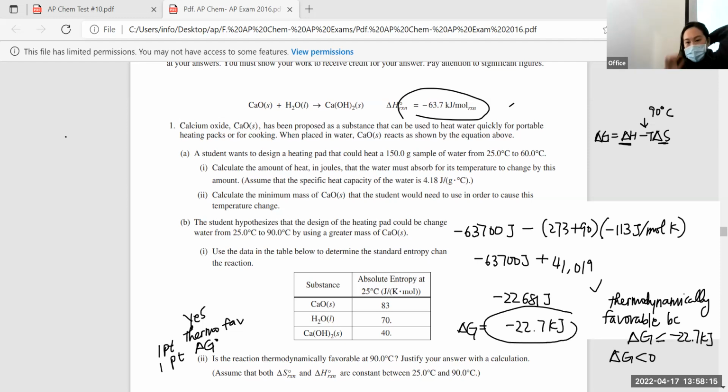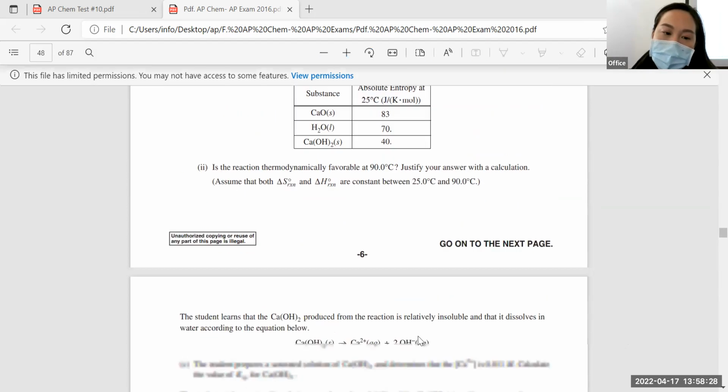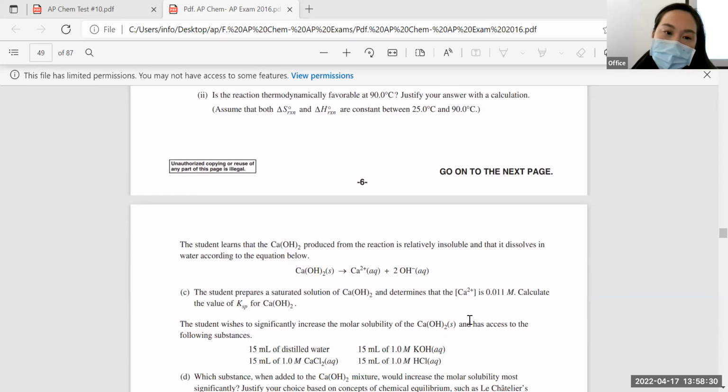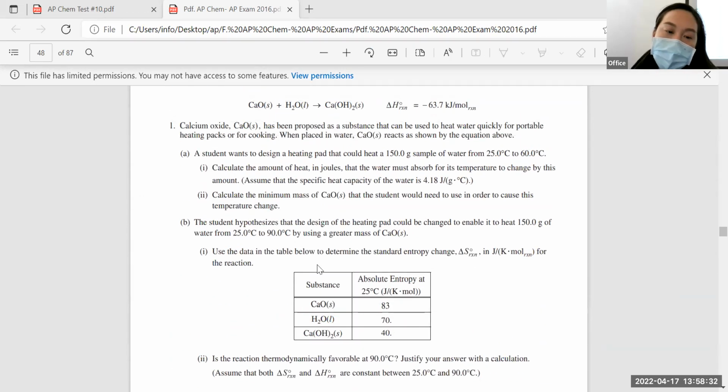So total 2 points. So part B also total of 3 points, right? So 3 points for part A, 3 points for part B.